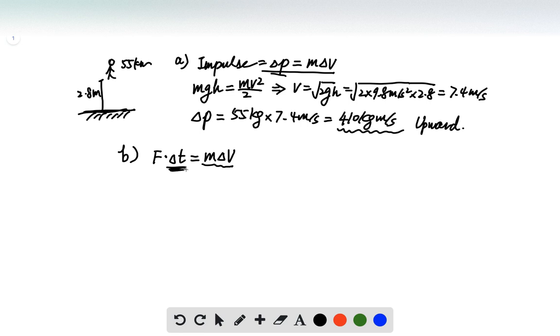This is one way of solving it. So how do we find the delta t? Because we know that in 1 centimeter of distance, this person decelerated from 7.4 meters per second to 0 meters per second. So from that, using kinematics, we will be able to find the acceleration of this person.